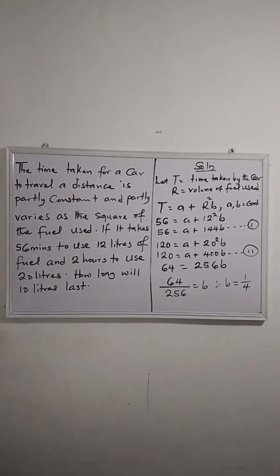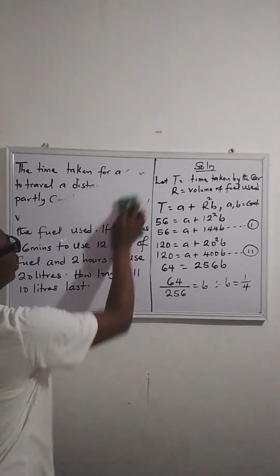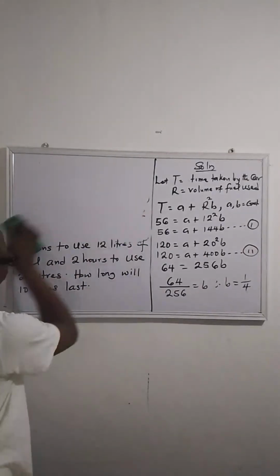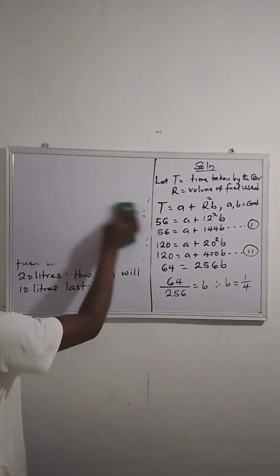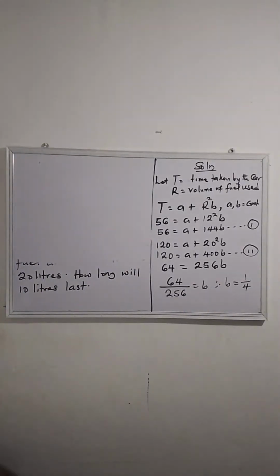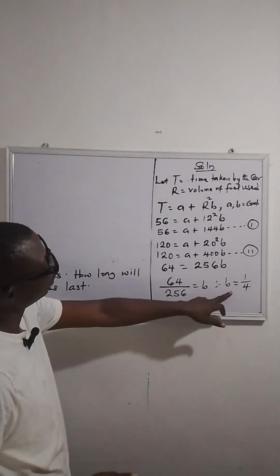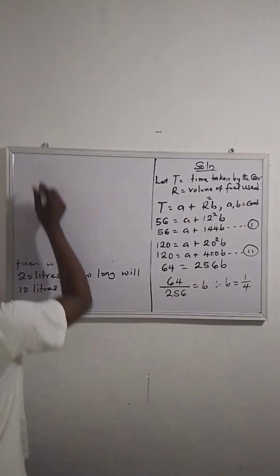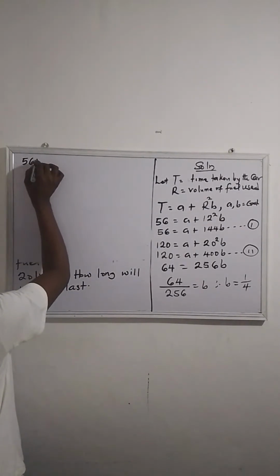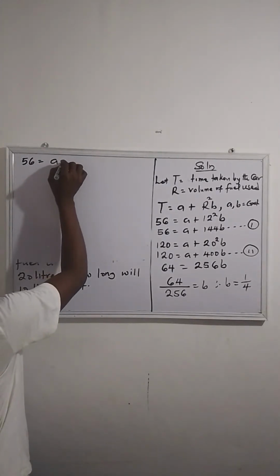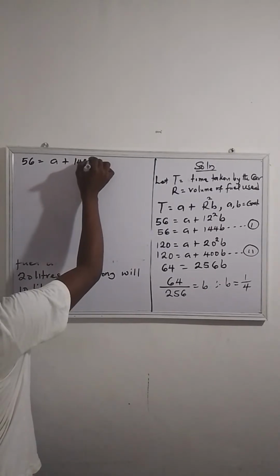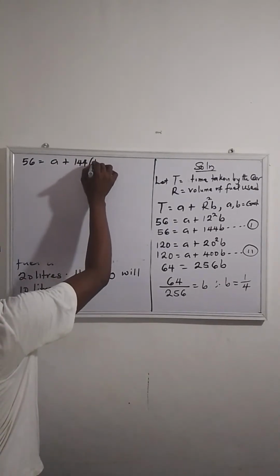Now let's get A, the second constant. We plug the value of B into either of the equations. Let's plug it into equation 1. So we have 56 equals A plus 144 times 1/4.